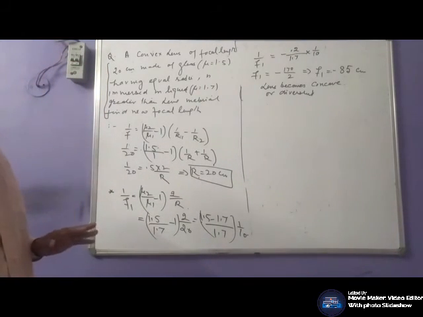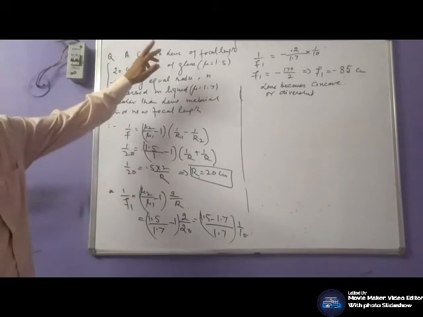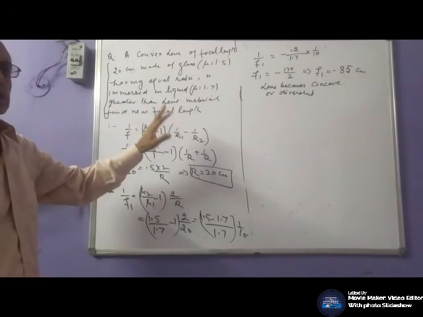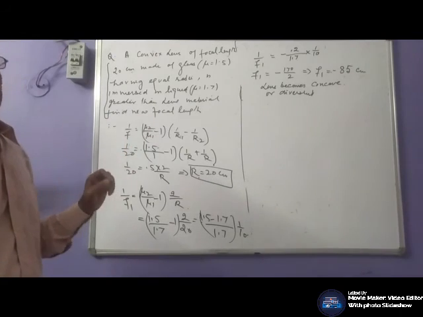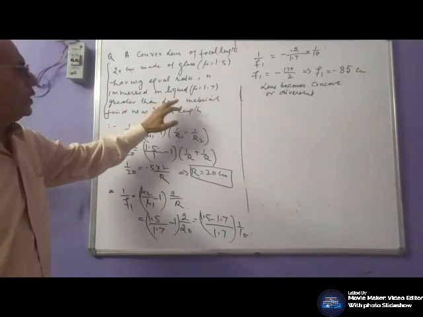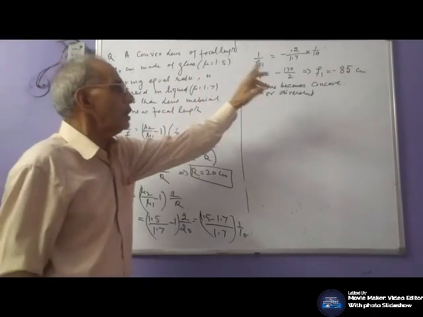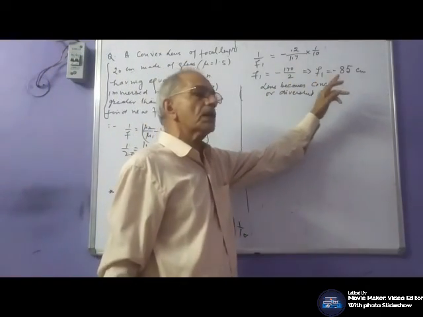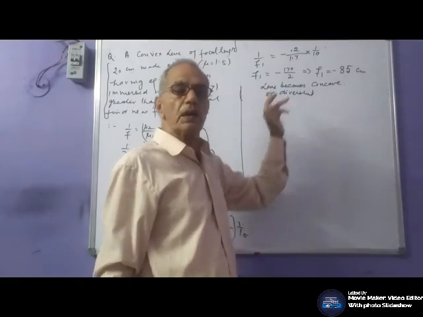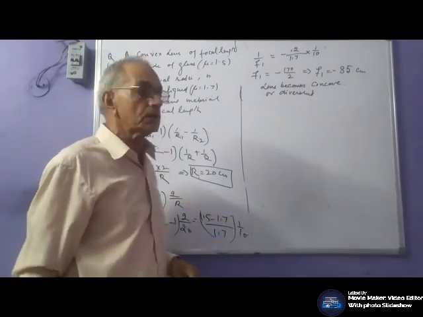From these numericals it is clear: when a lens is immersed in liquid, whether refractive index is less or more, the focal length increases. In the first numerical focal length increases, and in this numerical focal length also increases.